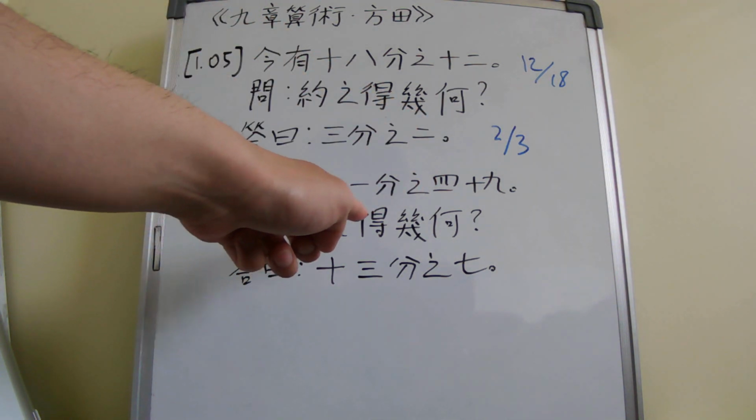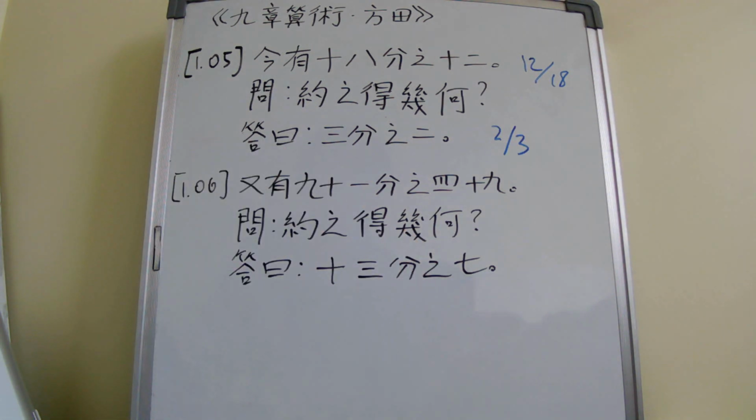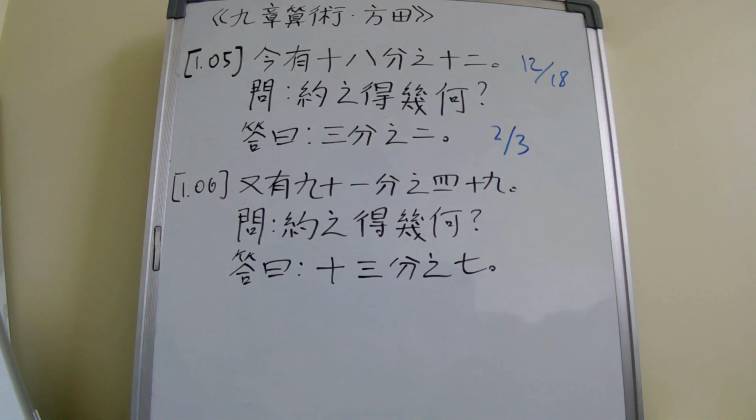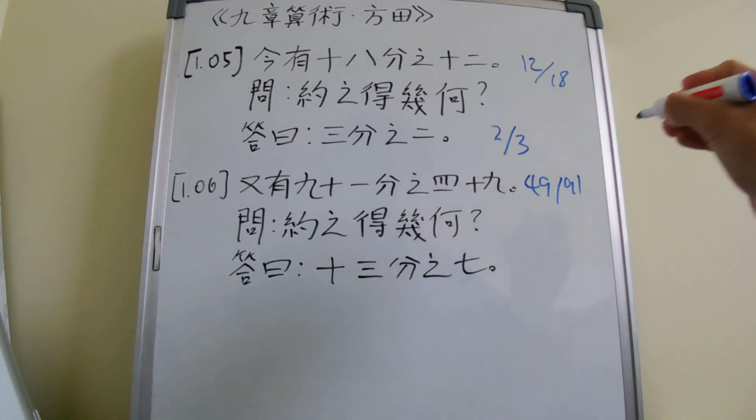问约之得几何? 答曰13分之七. Okay, so here it says 又有, which means suppose there is another, and suppose there are 91 parts, out of 91 parts, 49. So that's the same as 49 out of 91.